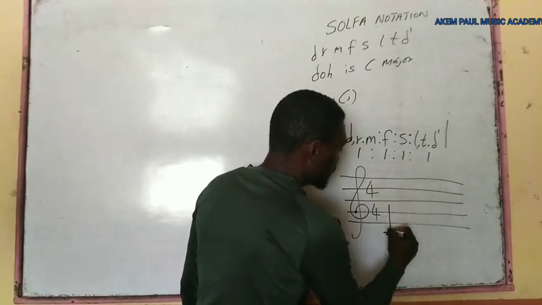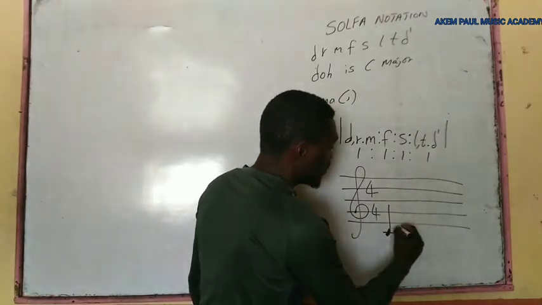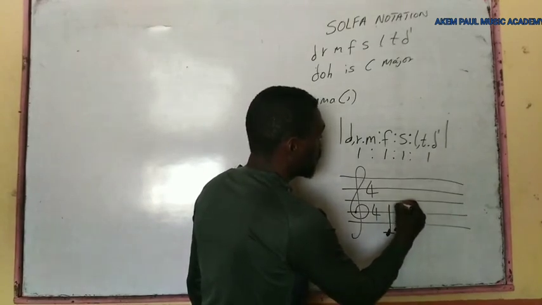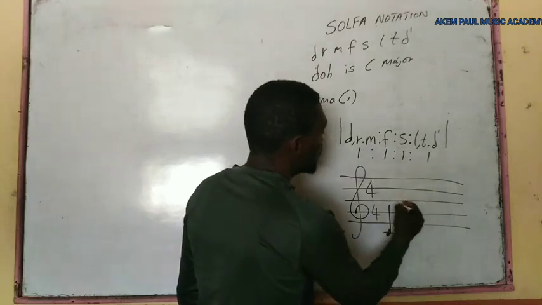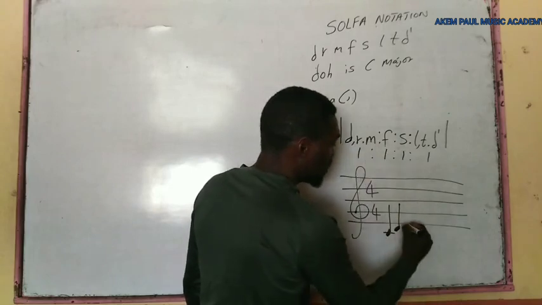A semiquaver. And then we'll have another semiquaver here. Then we have, this is a quaver. This is half beat. So we have a quaver here.